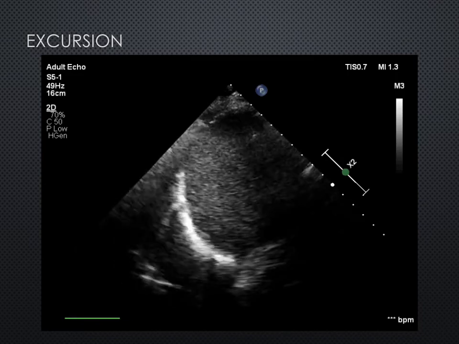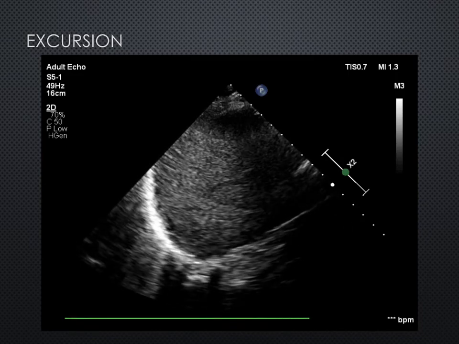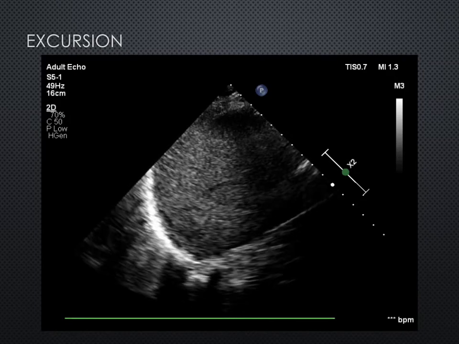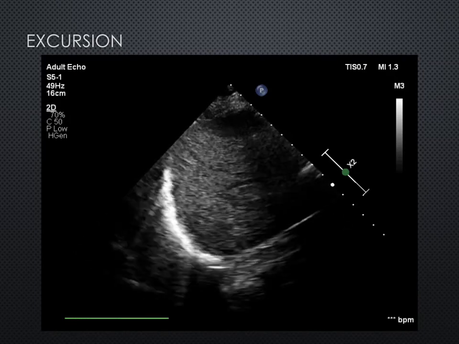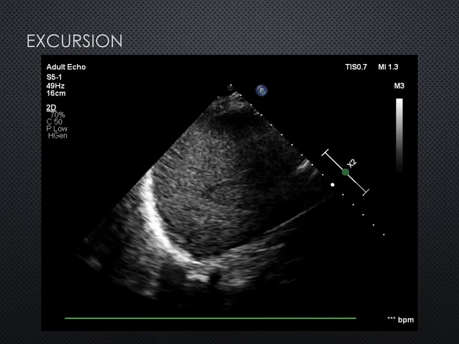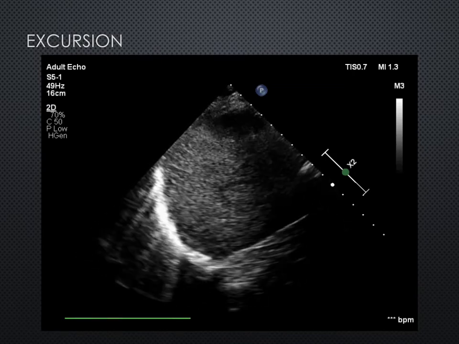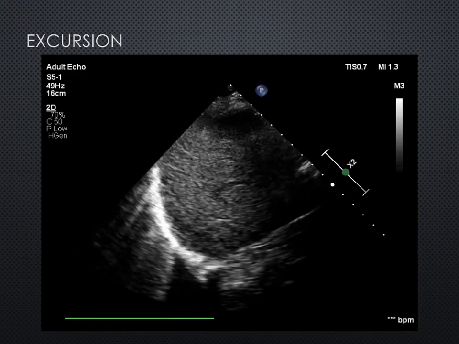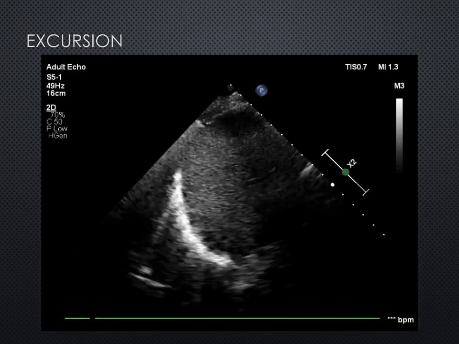We can use some more advanced features later on, that we can talk about, in relation to measuring this excursion or this movement of the diaphragm, and there are some standard values that we should consider. But really what I want you to appreciate now is that with respiration, this is the movement pattern of the diaphragm as we would expect.